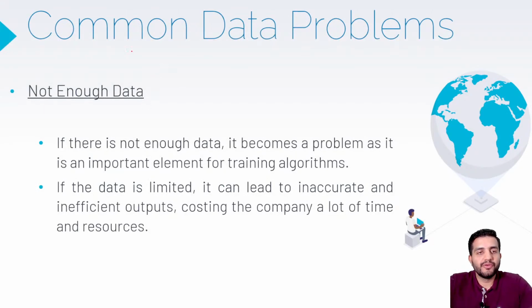Right. So now let's move towards the common data problems that we have been looking at. We'll also be discussing the potential solutions across these common data problems. The very first problem which we have seen in the industry is not having enough data.